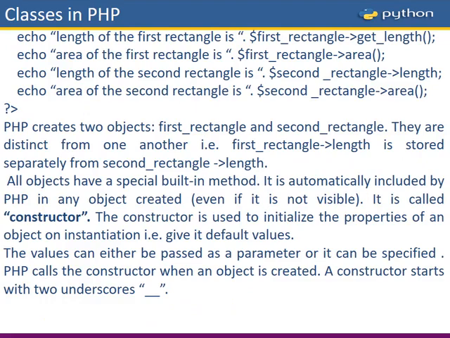We have the output as well: echo length of the first rectangle, echo area of the first rectangle, echo length of the second rectangle, and echo area of the second rectangle.